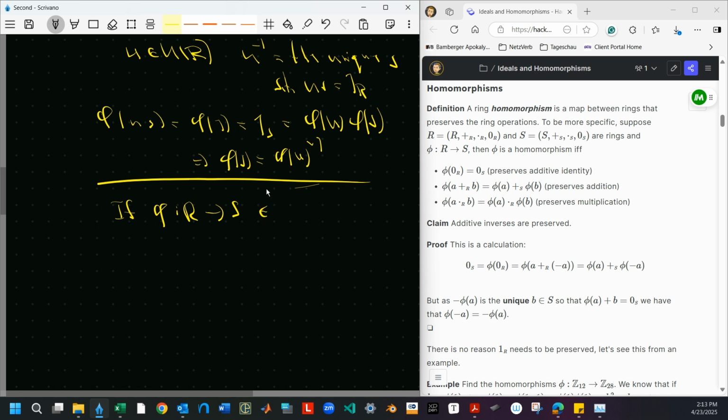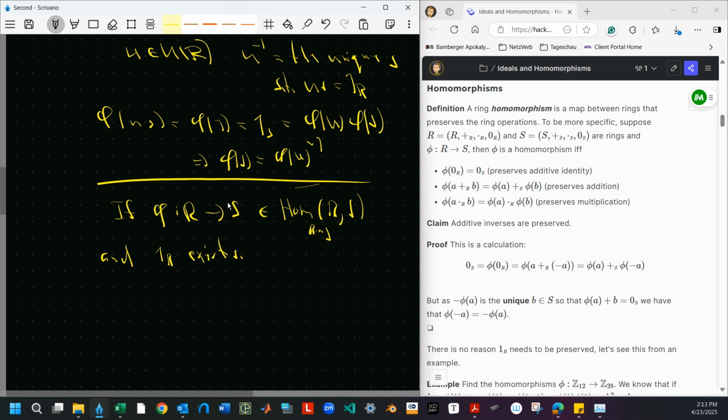I can just say phi is in Hom(R, S). If I needed to make it even more clear, I could say in ring homomorphisms. And you know, 1 of R exists, so there's a unit in R.